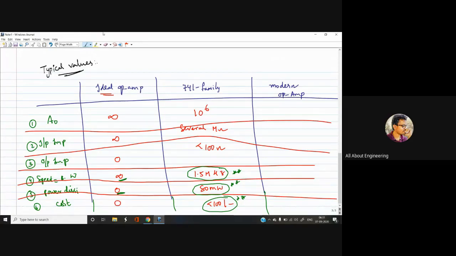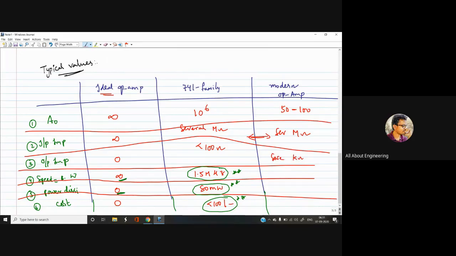Now the specifications for the modern IC are like this. For the modern op amp, the gain is around 50 to 100. Don't worry why such a huge drop in the gain. The input impedance is of several mega ohms, same, no change, but the output impedance increases to several kilo ohms.